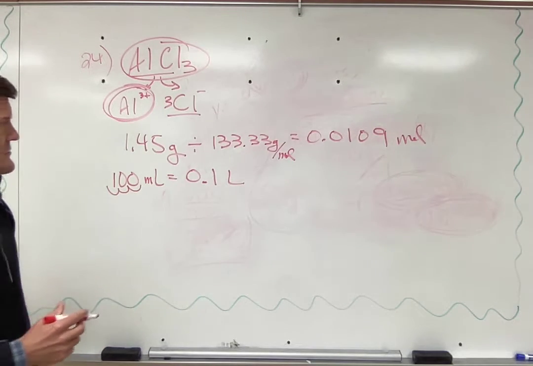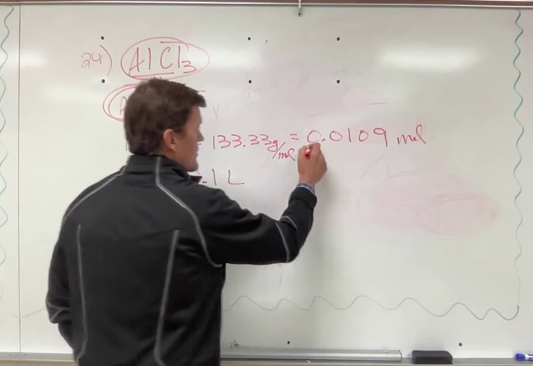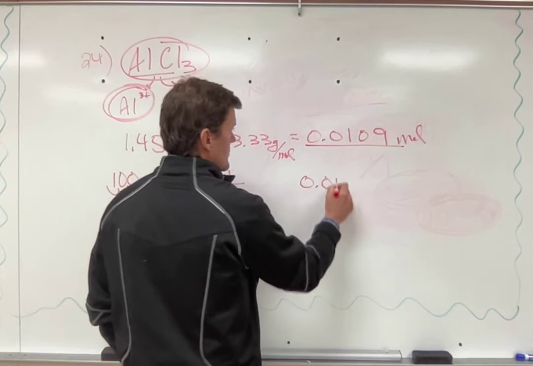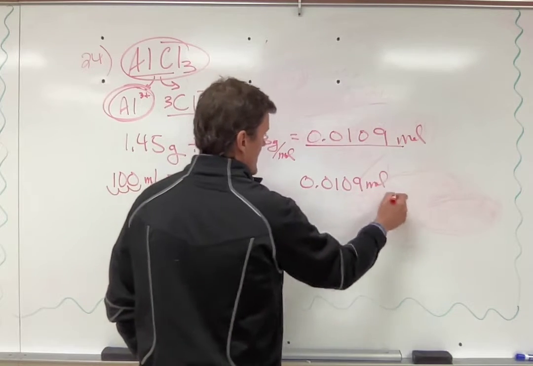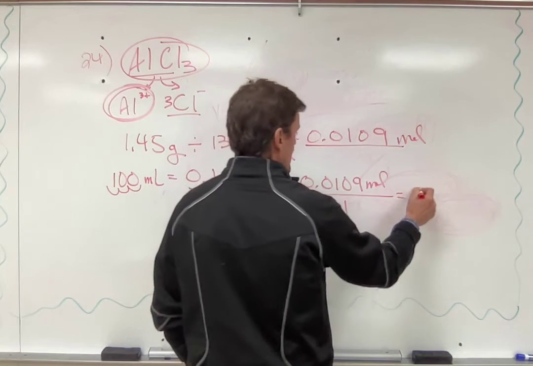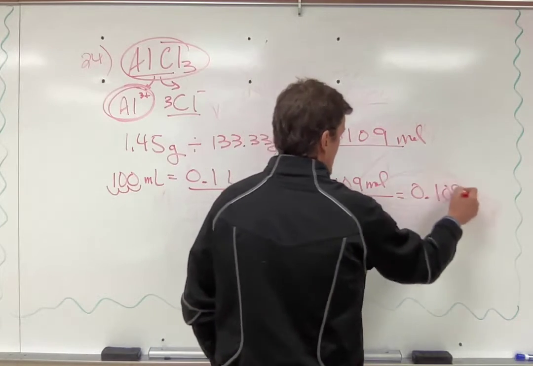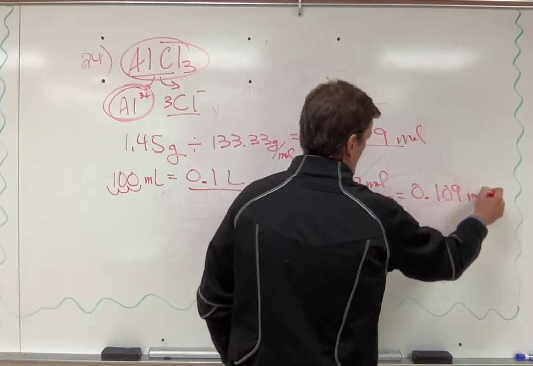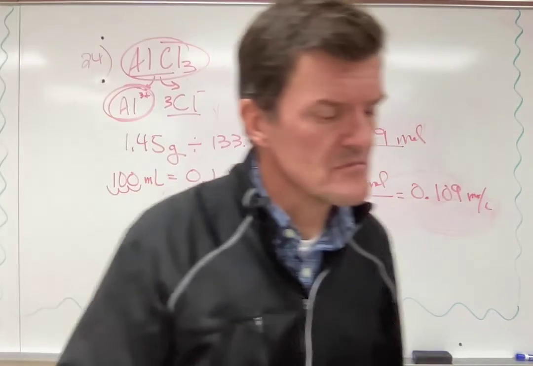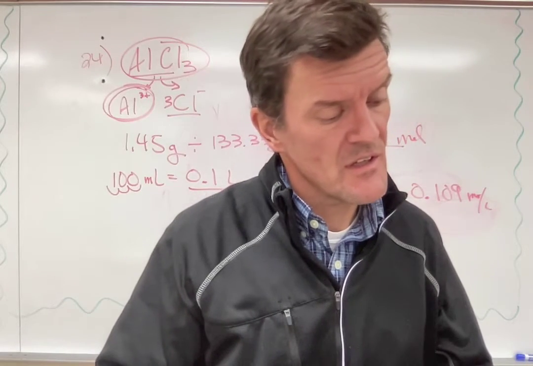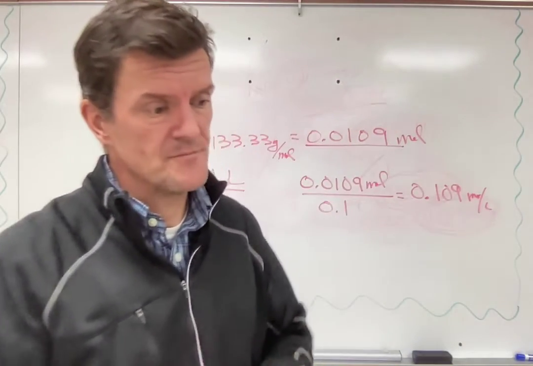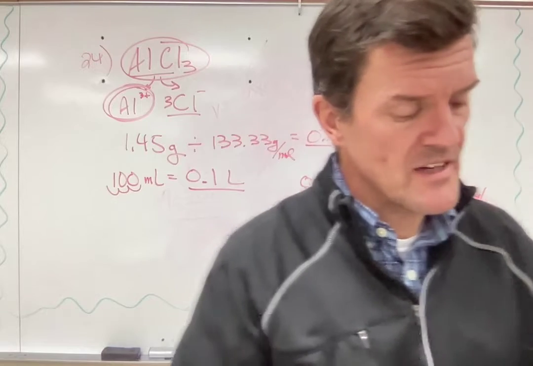So let's see what happens if we take our number of moles and divide by our volume now. 0.0109 moles divided by 0.1, and I think that's going to give us our answer, 0.109 moles per liter. I think that's the answer. The milliequivalents, I'm not exactly sure of that, but hopefully the answer is B there for you. Okay, if not, let me know. We'll figure it out. Okay, let's do one more on concentration here.